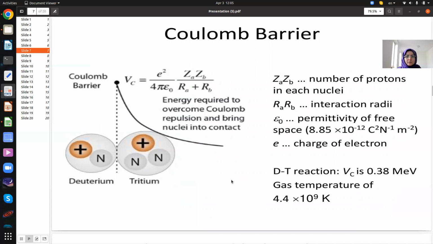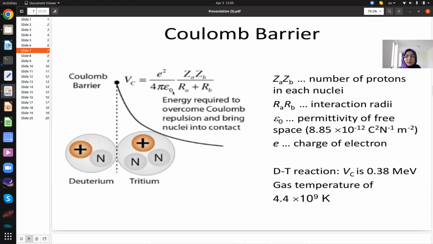The Coulomb barrier. Here you see this formula, and it is the energy required to overcome Coulomb repulsion and bring nuclei into contact. In this formula, ZA and ZB are the number of protons in each nucleus, and RA plus RB is the interaction radius.